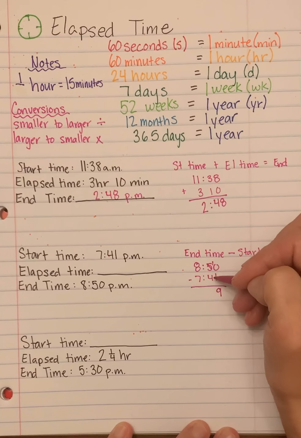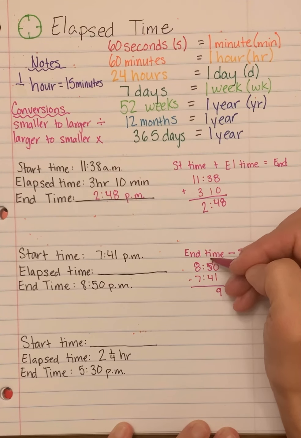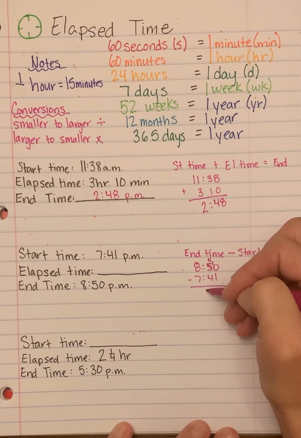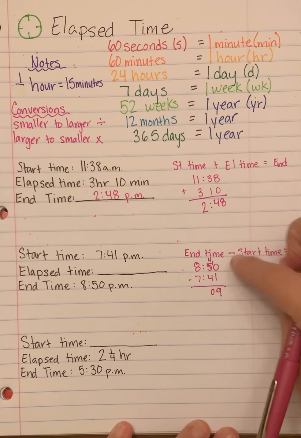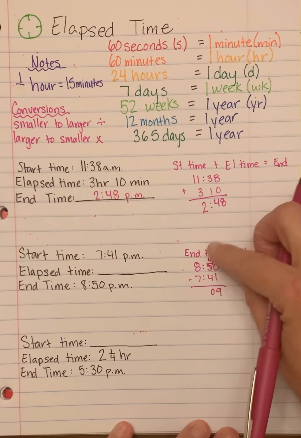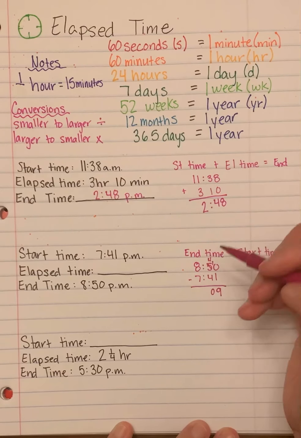I also know that from 41 minutes to 50, it would be 9 minutes. So it works out. So we know that that works. Okay, and remember, I'm doing elapsed time, so I'm not doing a time with the colon. I'm just finding my minutes and my hours.